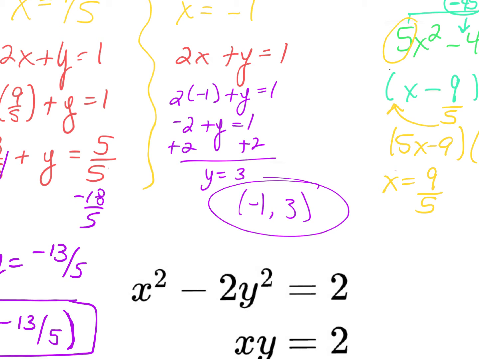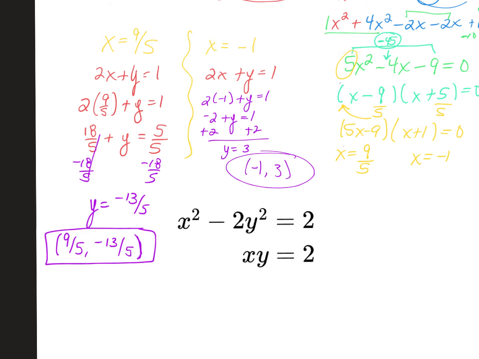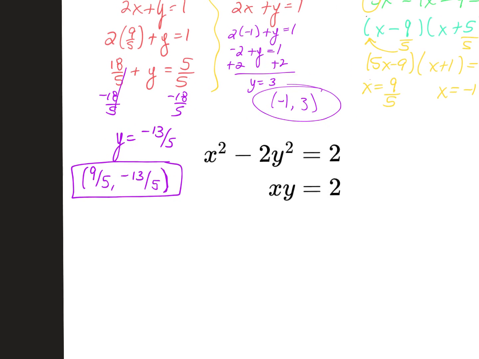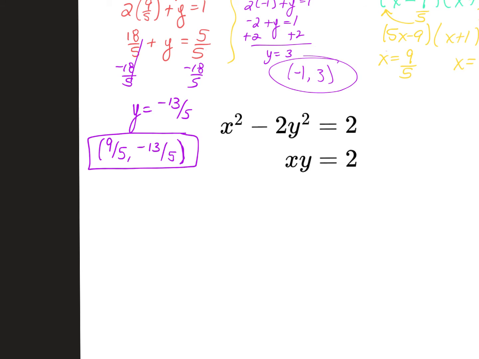Sure. When I plugged in my x variables, I did the x squared plus y squared equals 10. And I got different answers from you. Okay, what did you do? What did you plug in?